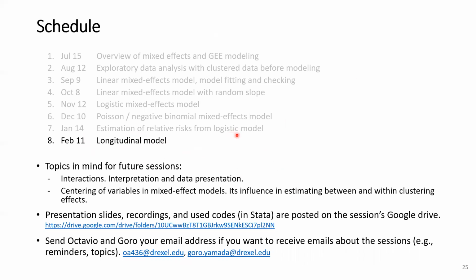Previously, we were all based on cross-sectional data, but with multiple levels of clustering. Now we are moving to longitudinal models, so we have multiple clustered levels like L2, L1, as well as longitudinal data from year X up to year Y, and we also want to model this longitudinal aspect.